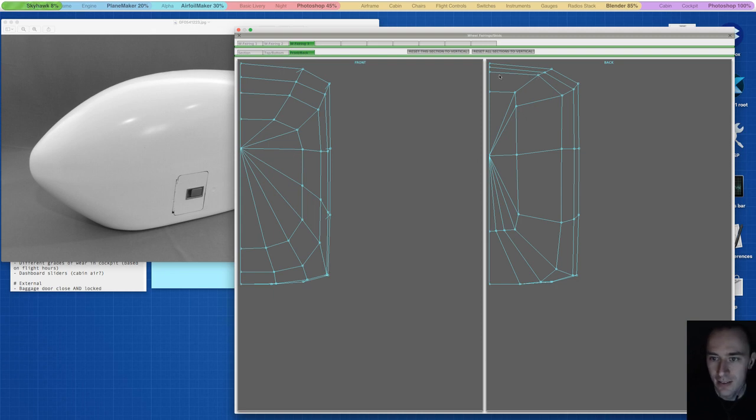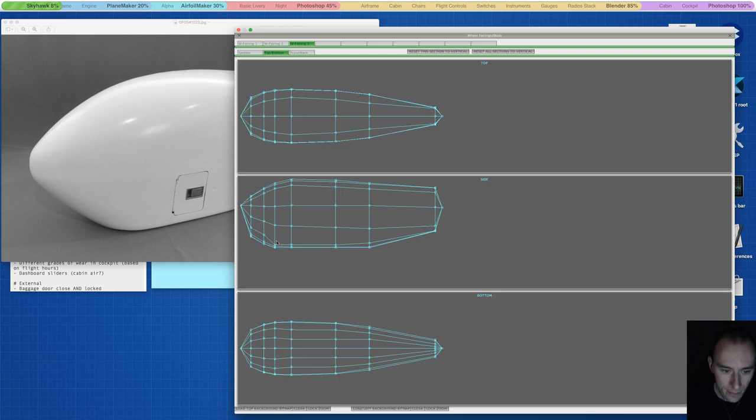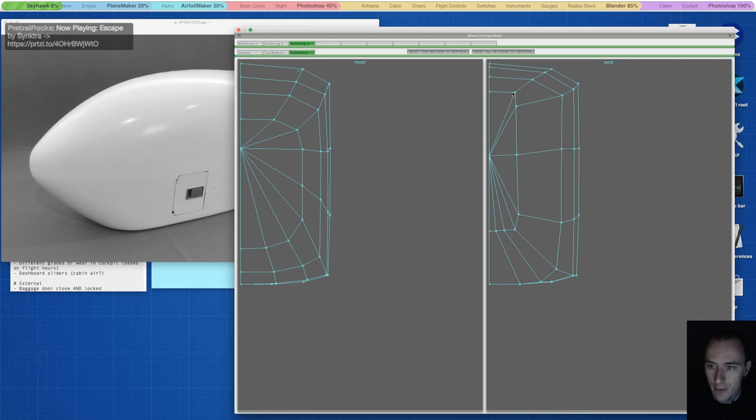Yes. Look at that. Look at that wheel fairing. And again, I think that there are subtle differences between one wheel fairing and the next, but I didn't find any data on that.